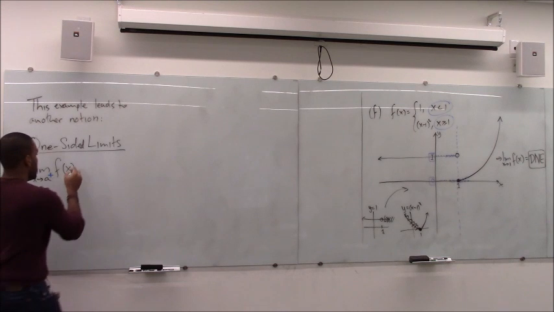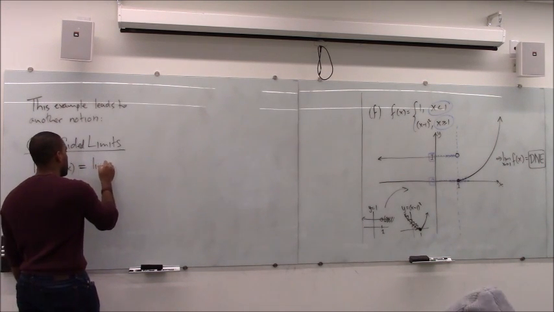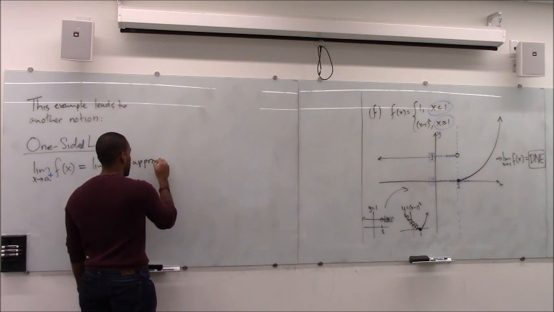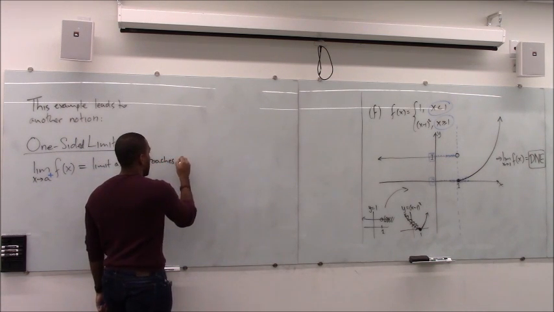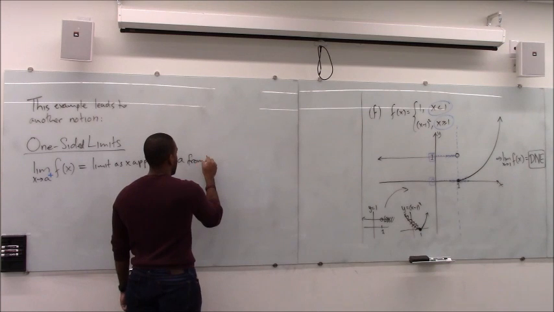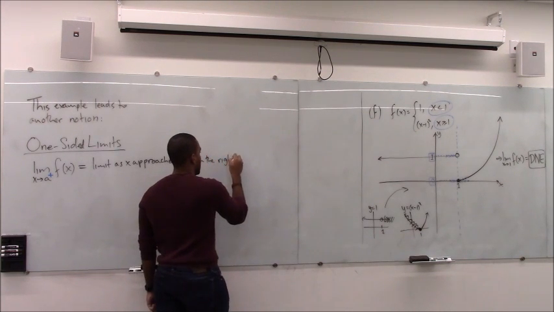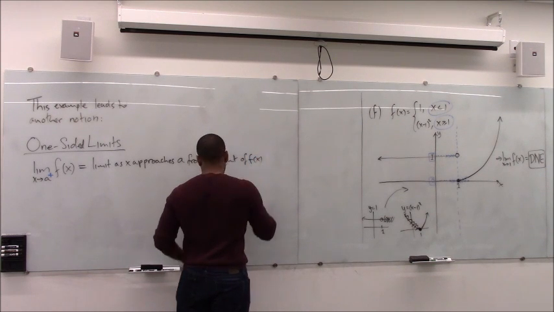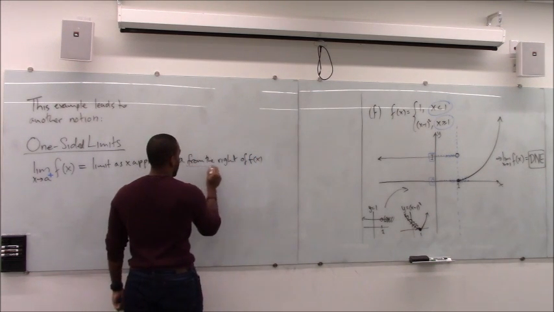Whenever you see that notation, that is the limit as x approaches a from the right of f of x. And so I'm coming from the right.